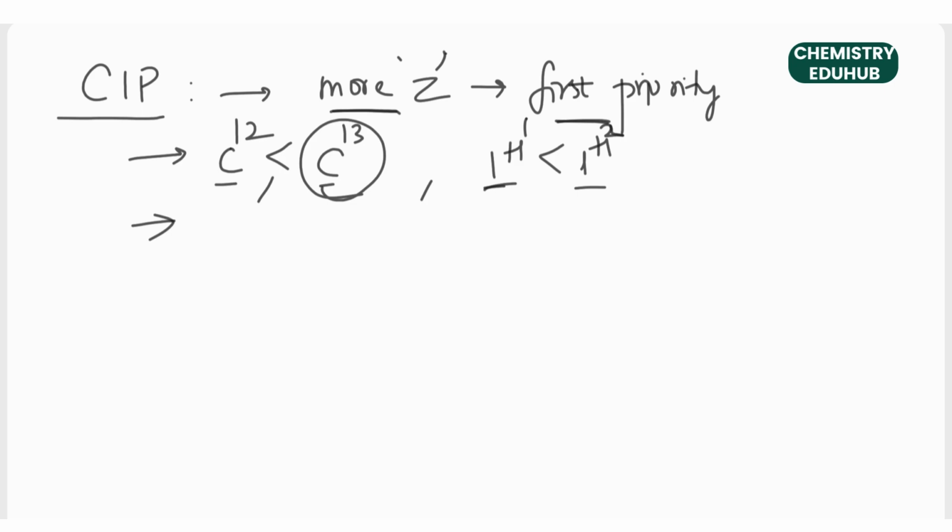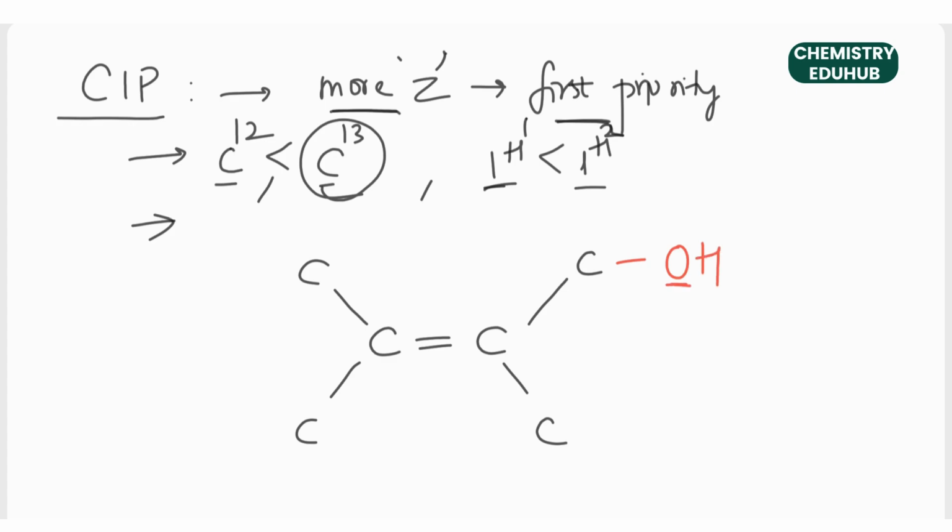So if the first connectivity is different, accordingly we give the priority based on the atomic number. But if the first connectivity is the same, for example if you look at C double bond C with all carbons attached, then the next attached atom, if it varies, we should consider the second connected atom. So here all the first carbons are the same, so we need to look at the second connectivity.